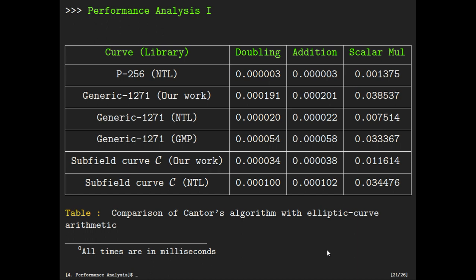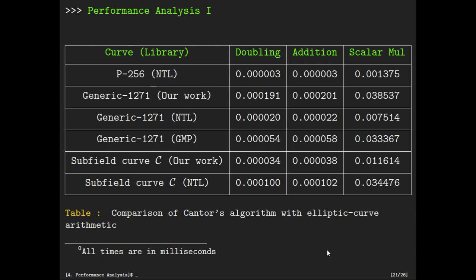In this table we show that elliptic curve is very much efficient. Our subfield curve implementation, this is subfield curve COVA, is implemented with our own library, written from scratch in the C language. In this library we don't optimize from the hardware perspective.